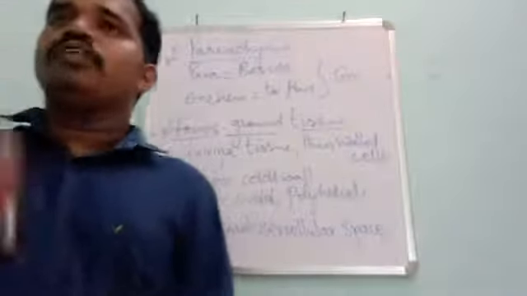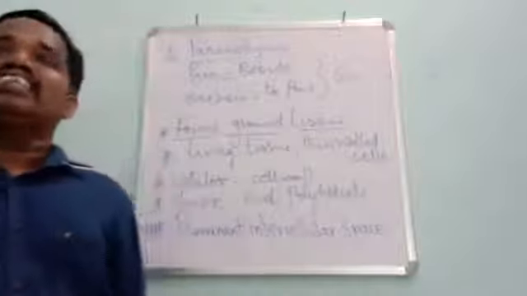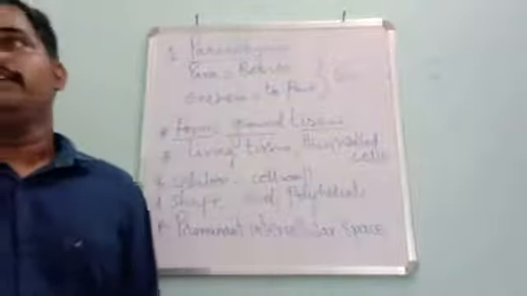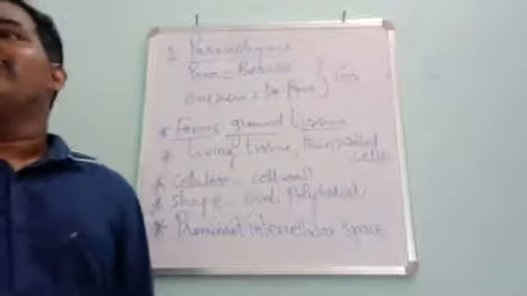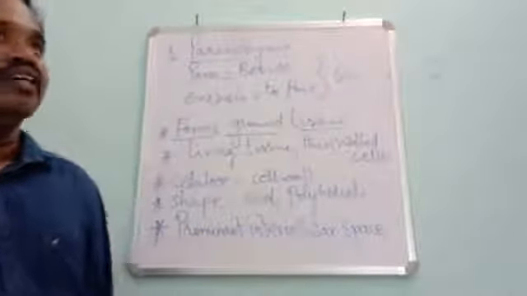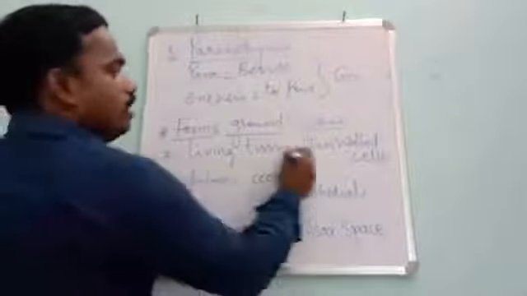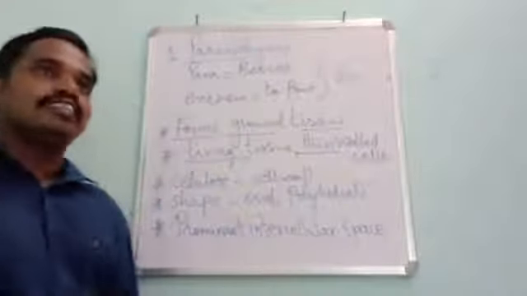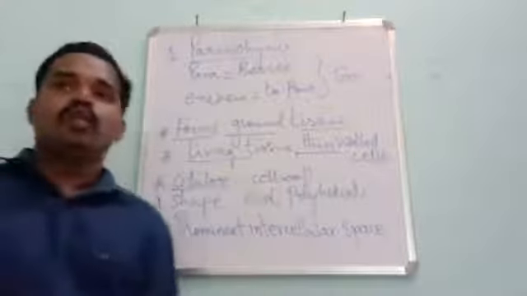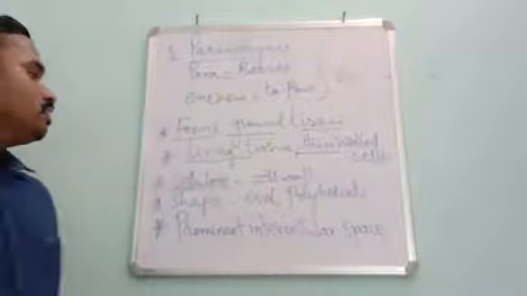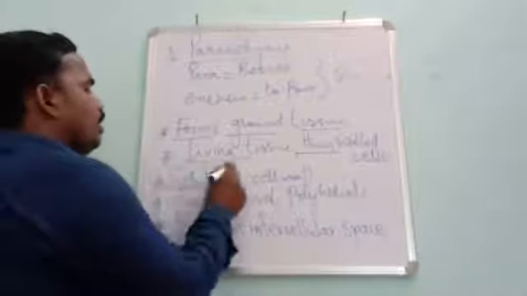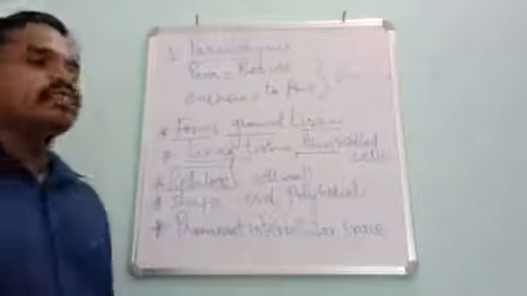The parenchyma tissues are living, and the cells of the parenchyma are thin walled. The cell wall of the parenchymatous cells is made up of a special material called cellulose. Got it?